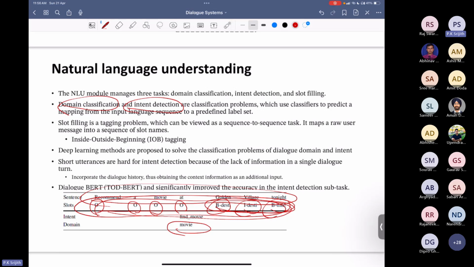So often these domain classification and intent detection methods maintain a history of utterances from the user, and on the basis of that, they try to predict the domain and intent of the user. So this is basically the natural language understanding unit and the techniques one has to use under it.